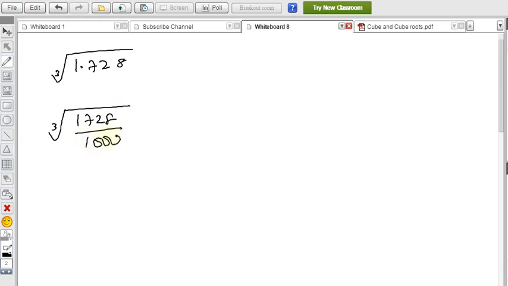This is in fraction notation because after the point there are 3 digits. If you split this separately, cube root of 1728 by cube root of 1000. Now separately you can do it for 1728 and 1000.